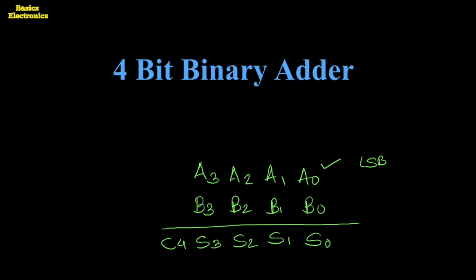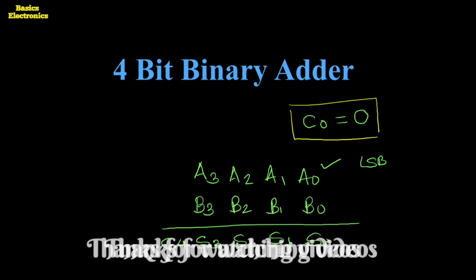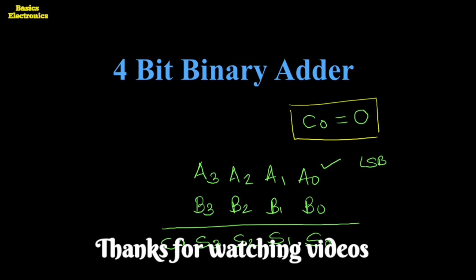If we use the half adder, then the hardware is different, so instead we can use the full adder also, and if we use the full adder then the third binary bit of the full adder we have to make equal to 0, so there is no effect of this third bit in the addition of the LS bit column. Okay, so this is all about the 4-bit binary adder.